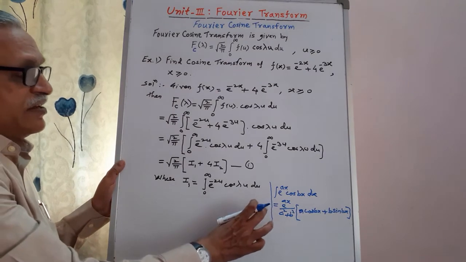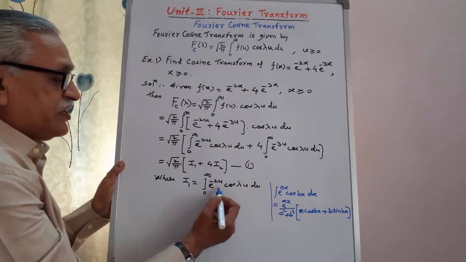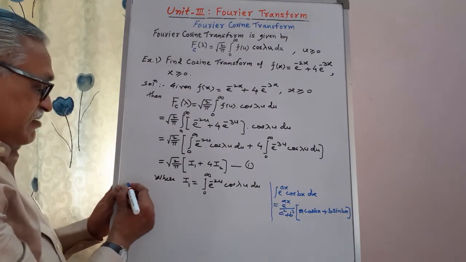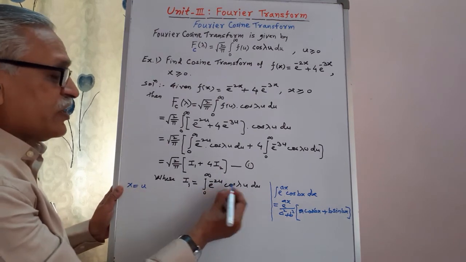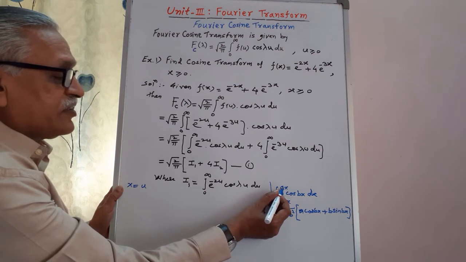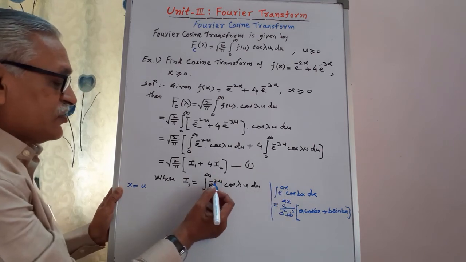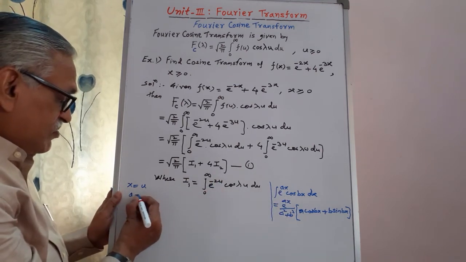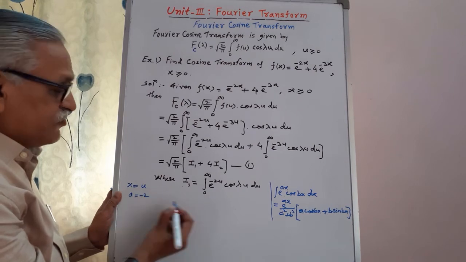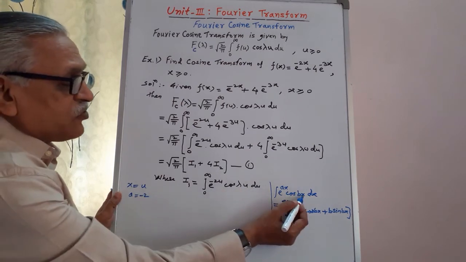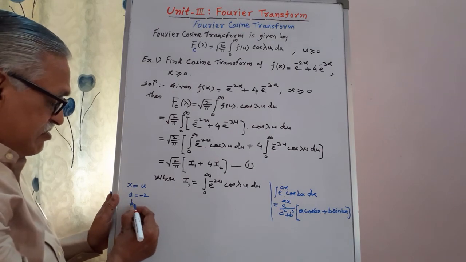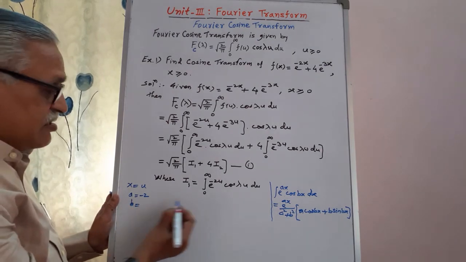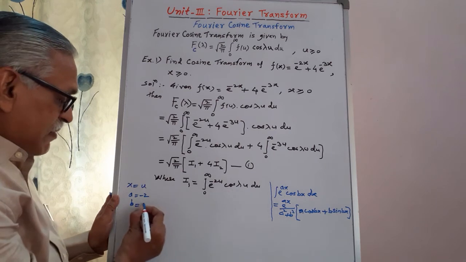We use the standard result by comparing these two integrals. We get x as u, e raised to x, coefficient of x in this term is a, here coefficient of u, therefore a is minus 2, cos of bx, coefficient of x in this term is b, therefore here b is lambda.